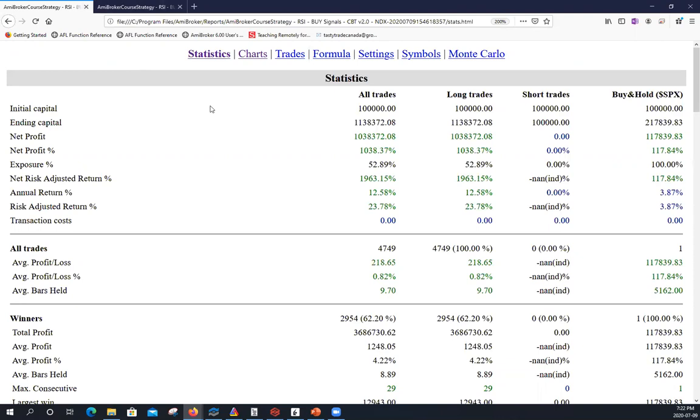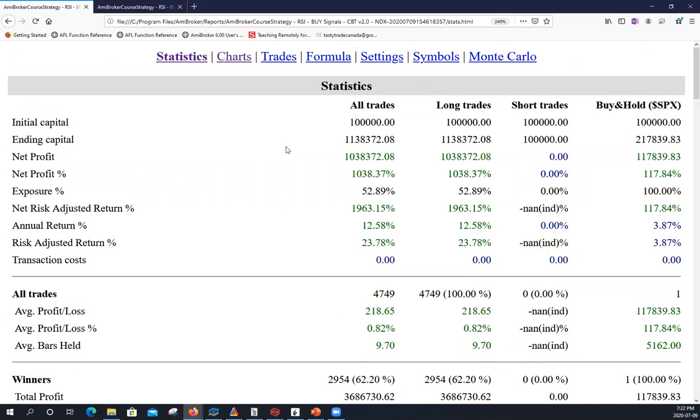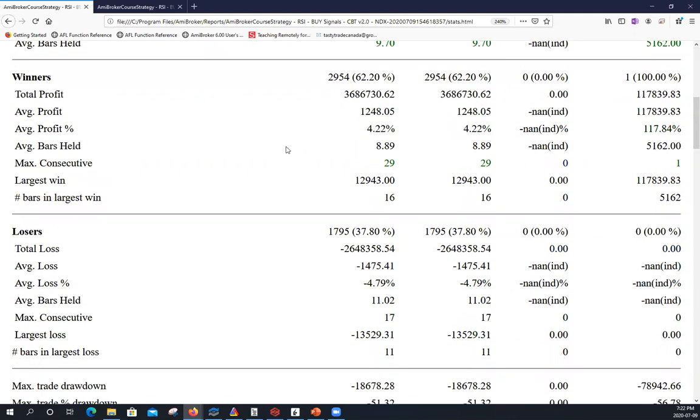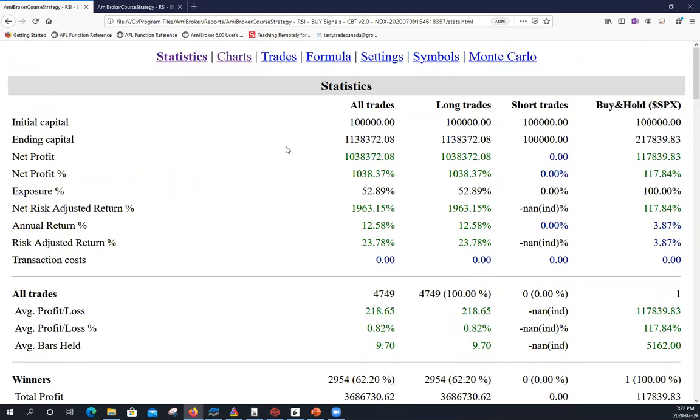Okay, so let's take a look at the first backtest. Can everybody see? I can zoom in a little bit so everyone can see this okay. Okay, great. So here you can see we're starting with $100,000. Our ending capital is going to be just over 1.1 million.